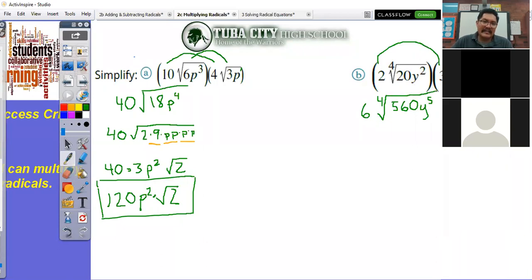Now, I did say earlier that sometimes it really helps to do the entire prime factorization, because if we start breaking down 560 and we're taking 4th roots of it, it's going to be really tough to look for 4th root numbers. I mean, if I ask most of you guys to name a 4th power number, you probably couldn't really do it.